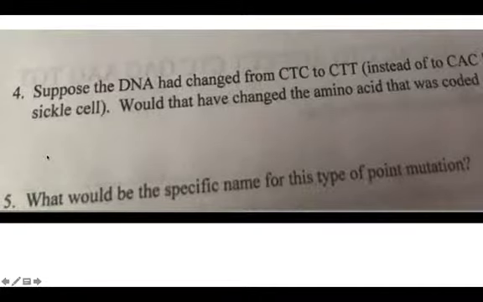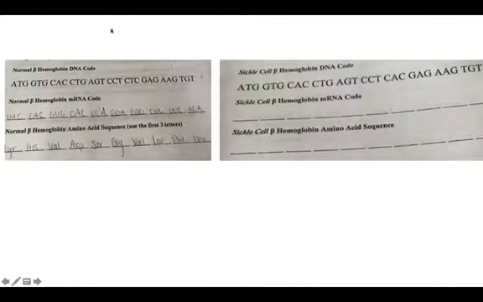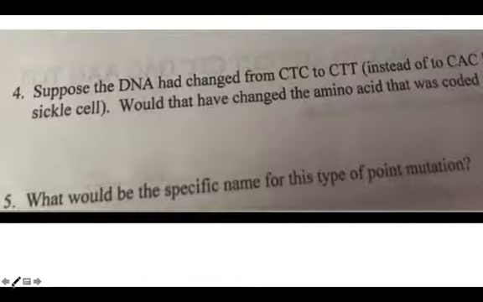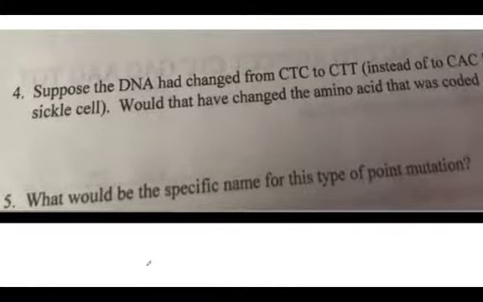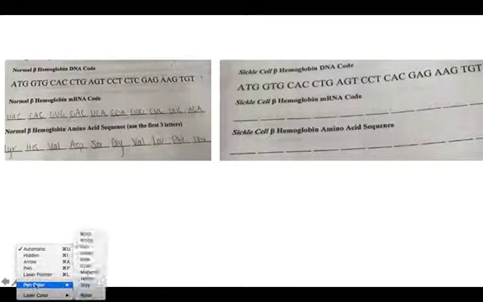So this last question here says, suppose the DNA had changed from CTC to CTT. So looking back here, what they're talking about is the CTC to the CTT. So what if this CTC would have changed to a CTT?